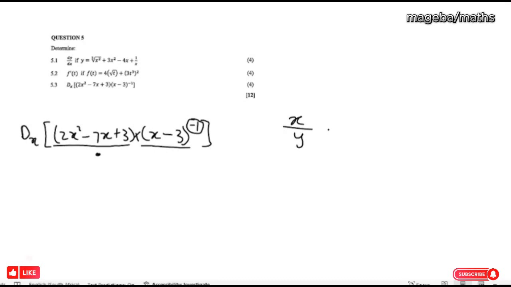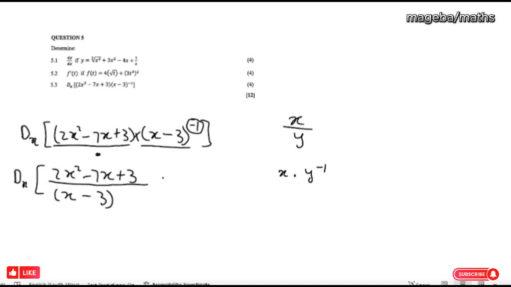If I take y to the other side, it's just going to be x times y to the negative 1, which is exactly the same thing that I can do here. I can just apply the same theory there, which is 2x squared minus 7x plus 3. Take this to the denominator, which is going to make x minus 3. I hope, guys, you understand what we are doing here.